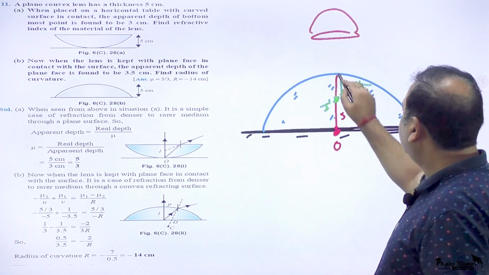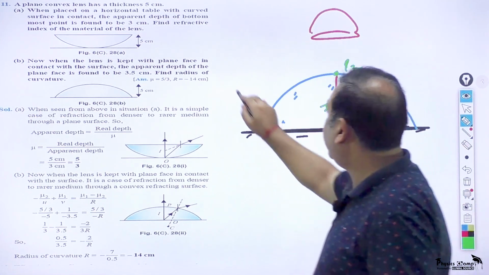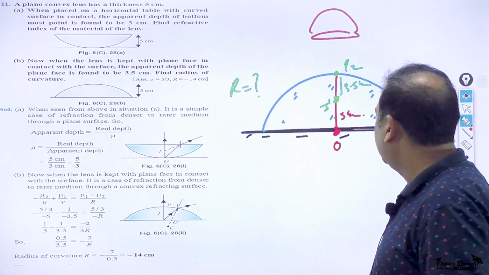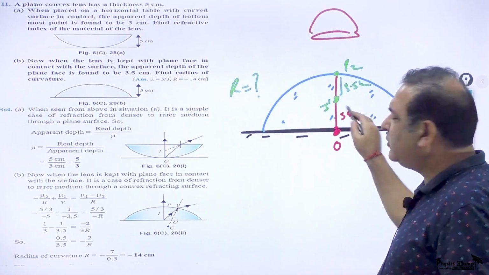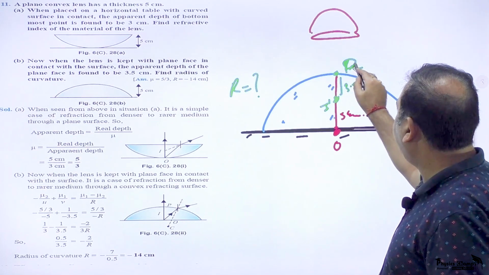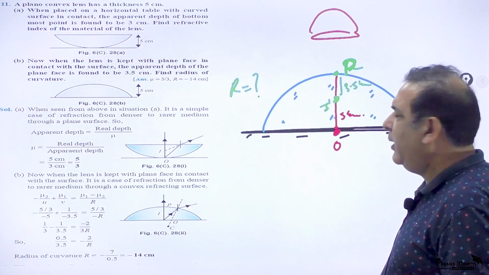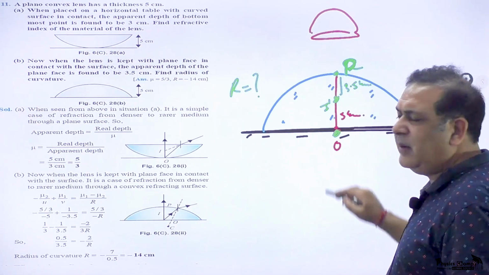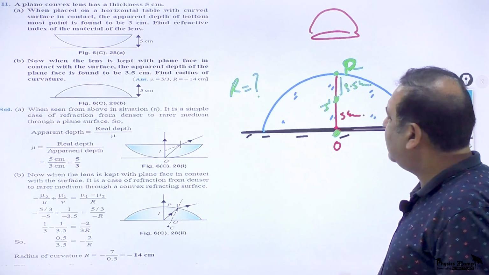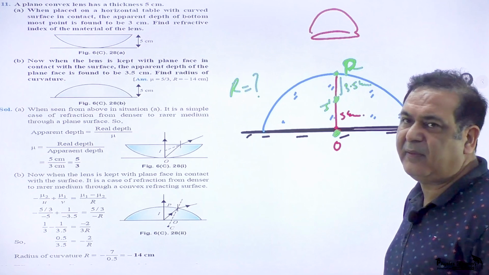Now this is a different case. The question is, what is the radius of curvature of it? So it is kept reversed with its curved surface here. I call it pole P. The object may be here, but its image is found at 3.5 centimeter. How much is the radius of curvature?